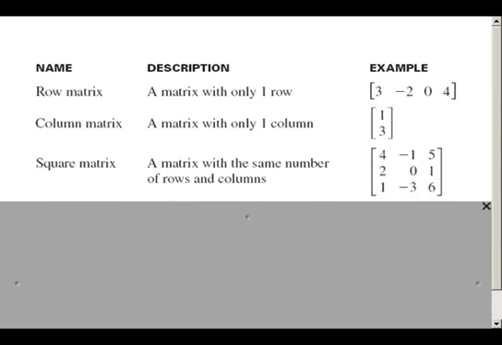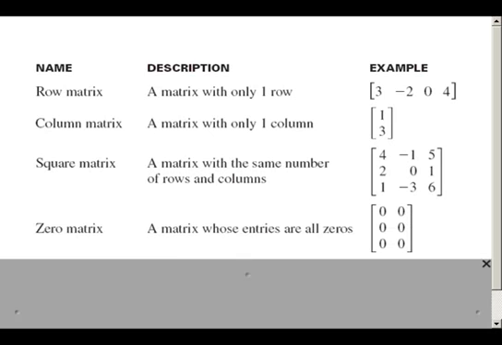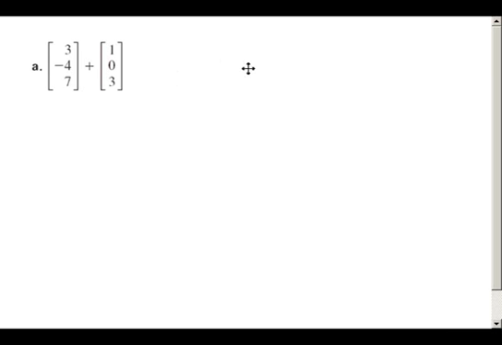A square matrix, which is one of the types of matrices that we'll be dealing with a lot, is a matrix with the same number of rows and columns. So there's a 3 by 3 matrix. You could have 4 by 4, 5 by 5, and so on from there. And a zero matrix is a matrix whose entries are all 0, just like you see there.